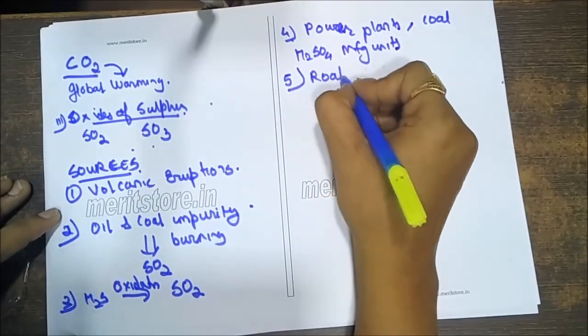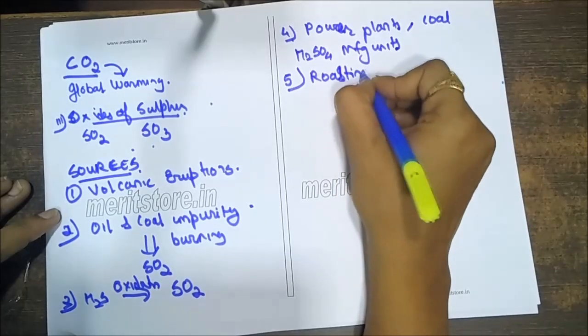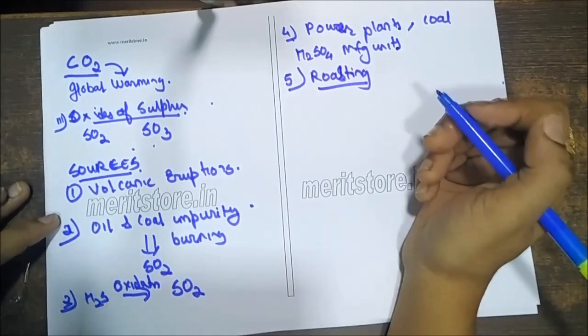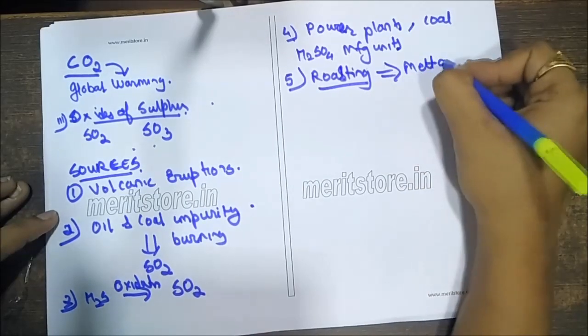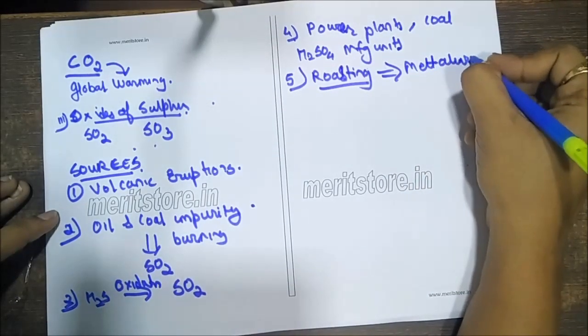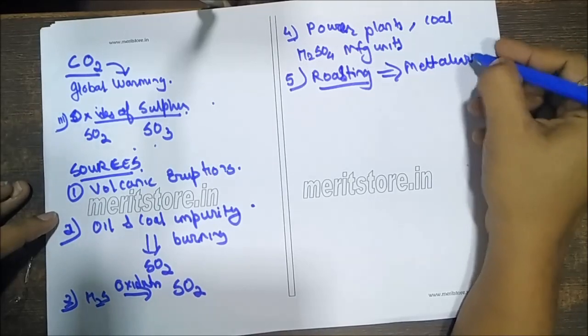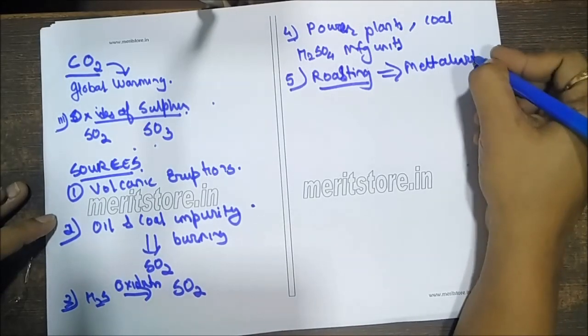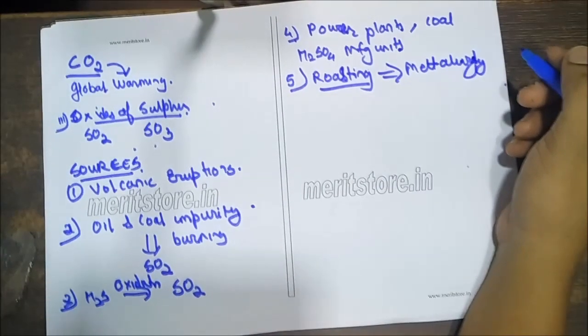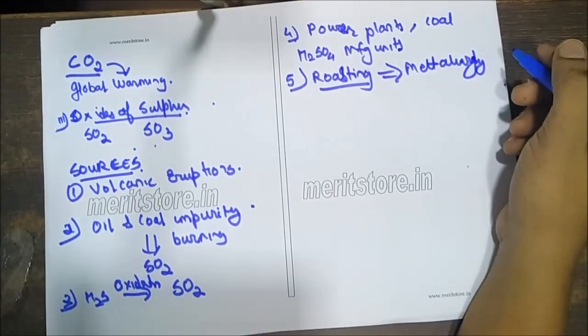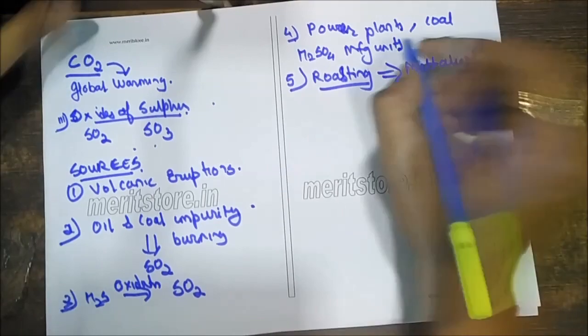Now roasting is involved. This process is burning at a very high temperature. It is involved in metallurgy. What is metallurgy? Study of extraction of metals from their ores. Okay, so while roasting of different metals, even sulfur dioxide is released into the atmosphere. Okay, so these are the different sources.